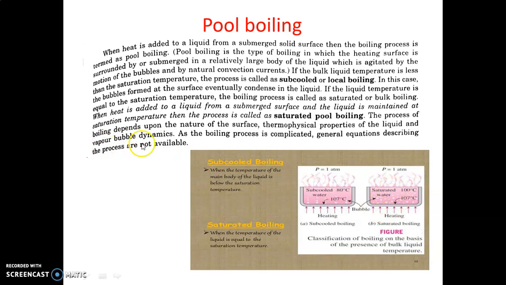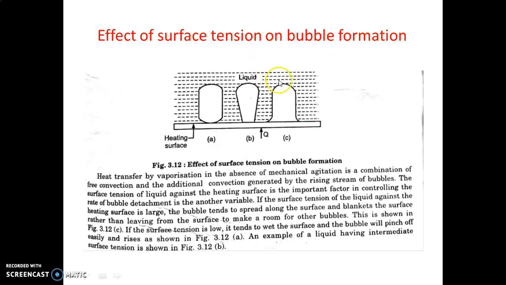Then the vapor bubble dynamics: how the vapors are formed here, then these vapors go to the surface of the liquid, and a circulation current is created in the liquid. That is called vapor dynamics. Generally the boiling process is complicated. We will discuss the effect of surface tension on bubble formation. Surface tension is also an important parameter in boiling.